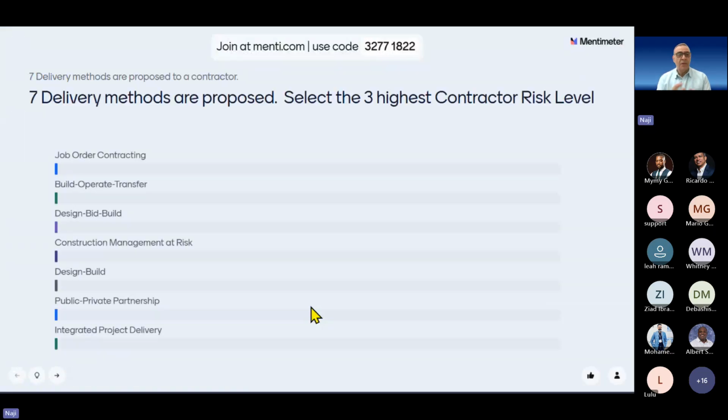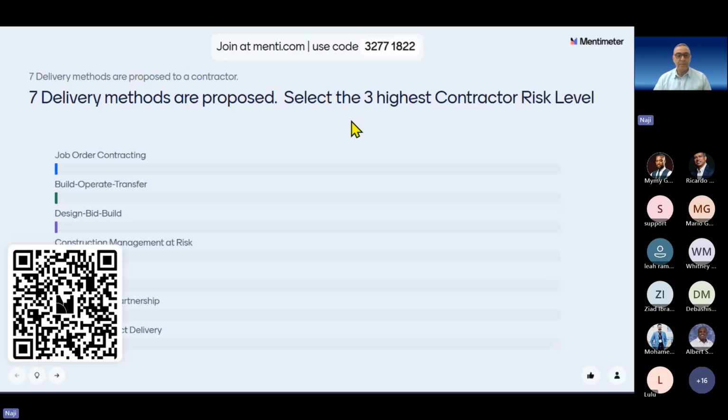Yesterday, the discussion was about the contracts, the models that you will be using. So one of the questions that I'd like to introduce today: select the 3 highest contractor risk levels.